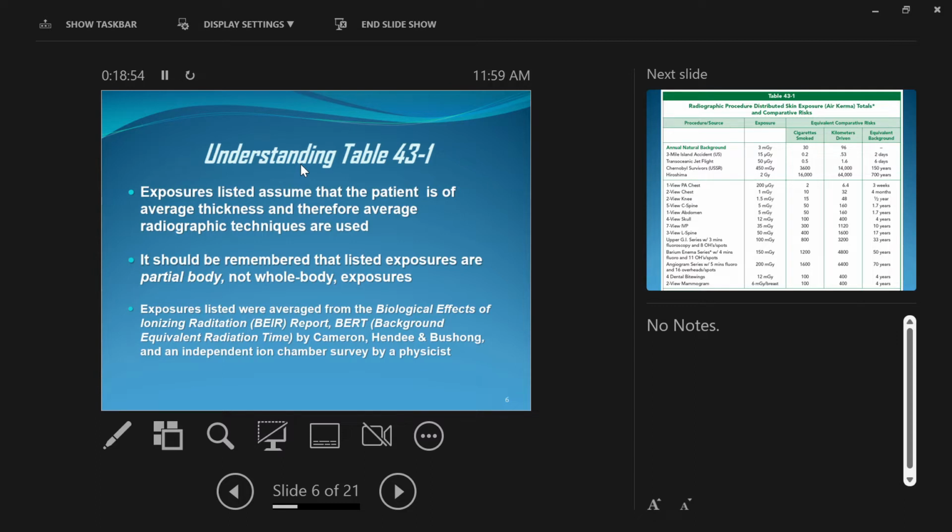Milliamperage, mA, and time, little s. Milliamperage is abbreviated mA, little m big A. Time is abbreviated with a lowercase s, seconds.